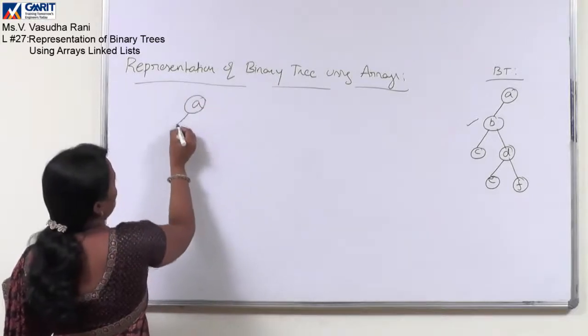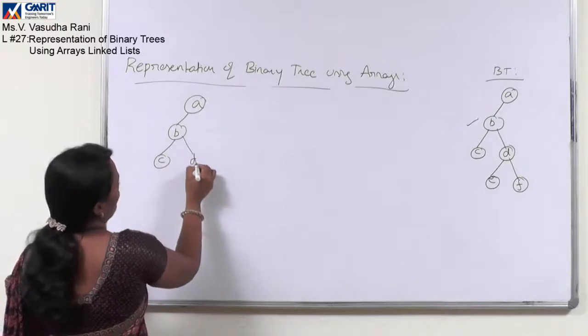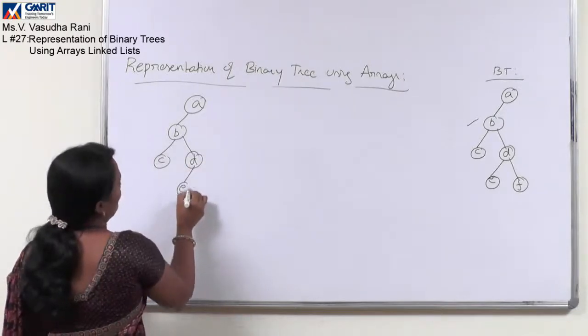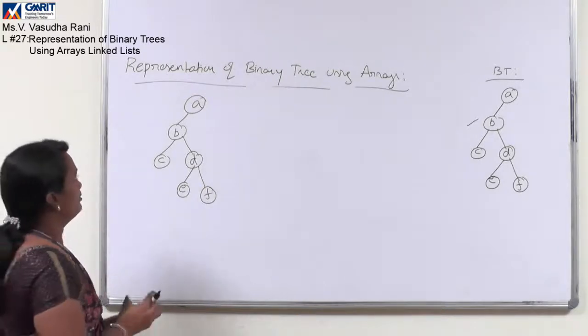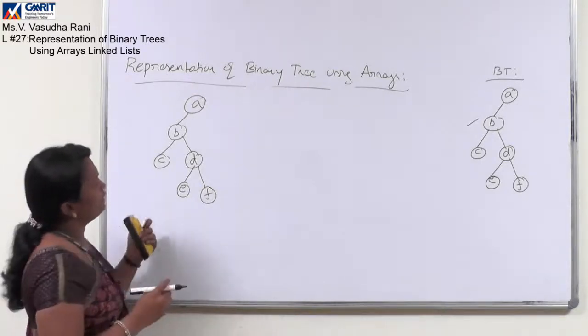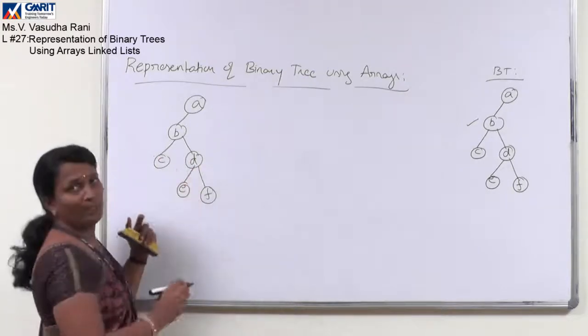A is the root node and B, C, D, E and F. As we already know, a binary tree can be given some numbering.